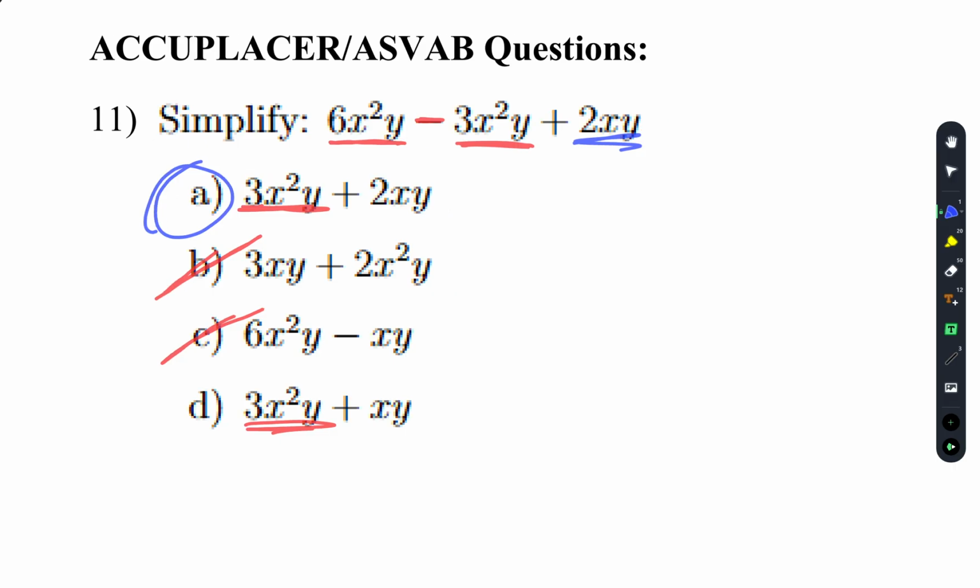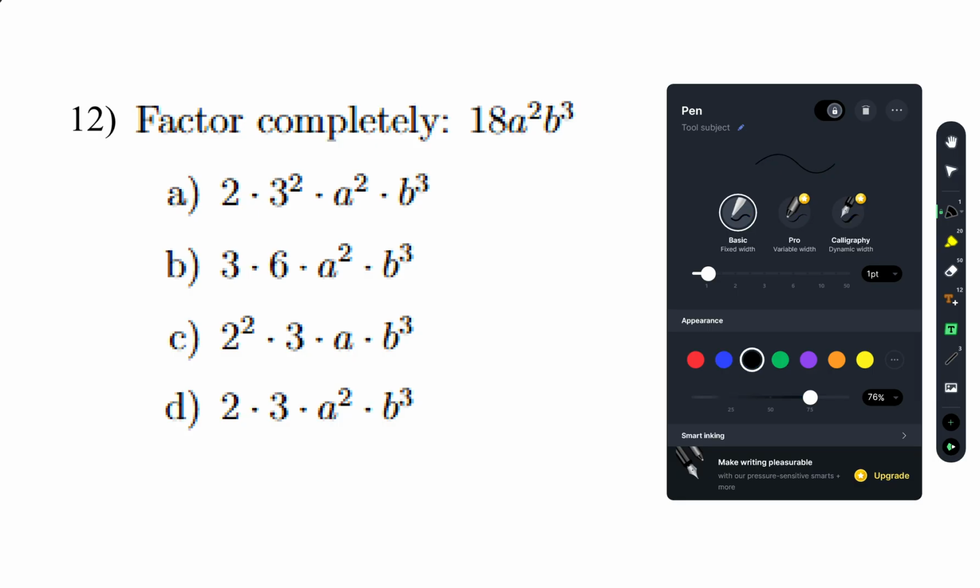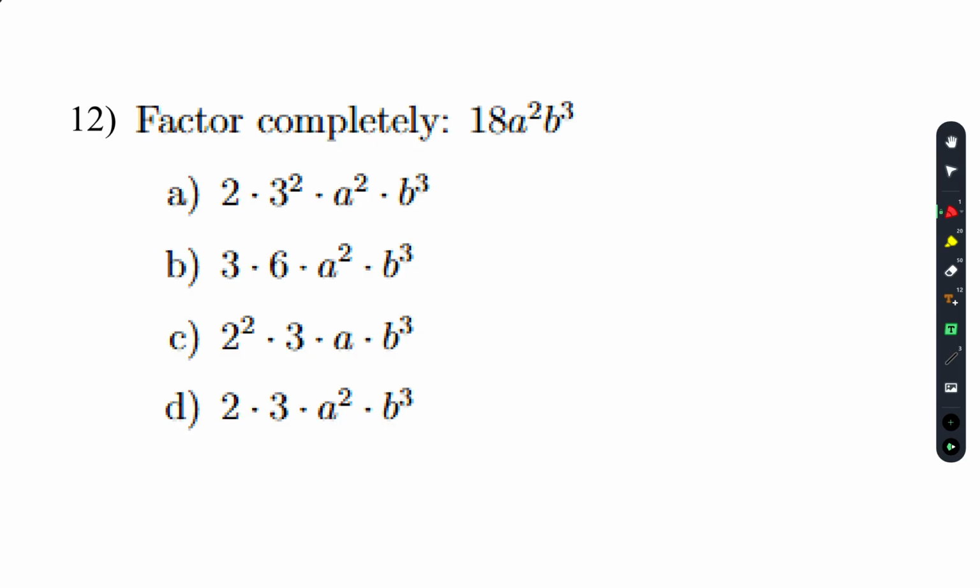Okay. Then 12, this is why I thought this question was mean. I think this question's really mean. Factor completely. Okay. So if I look at the 18, I thought maybe we'll do 3 and 6.